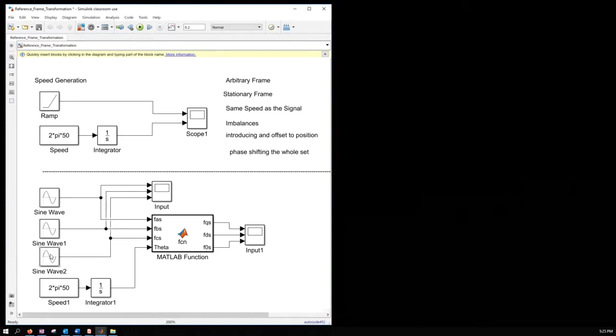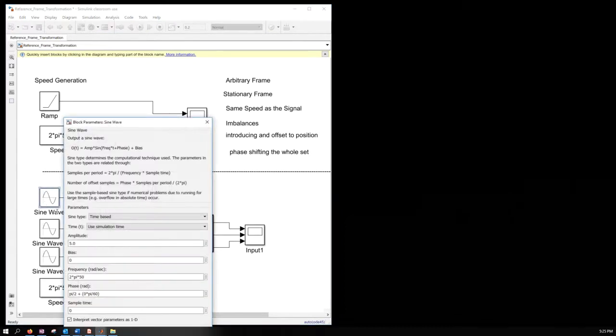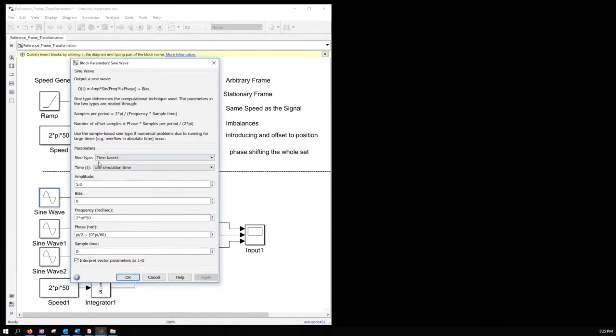The second is, now I have 3 sine waves. Let me go inside them. Here I have set the amplitude to be 5, frequency to be 50 hertz, 2 pi f radians per second, and I want that to be a cosine. So I'm including a pi by 2 phase shift here.